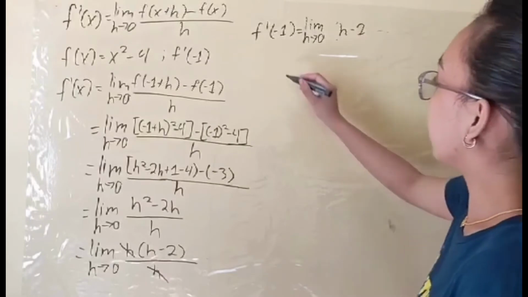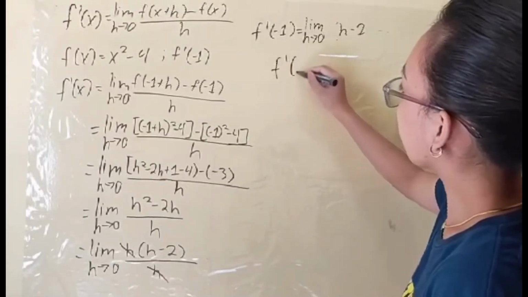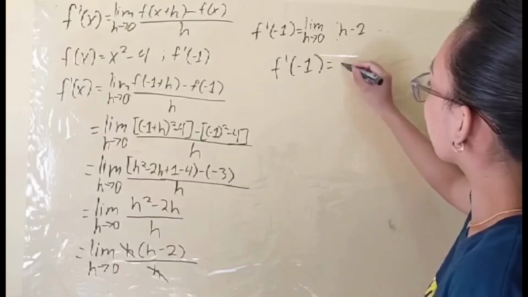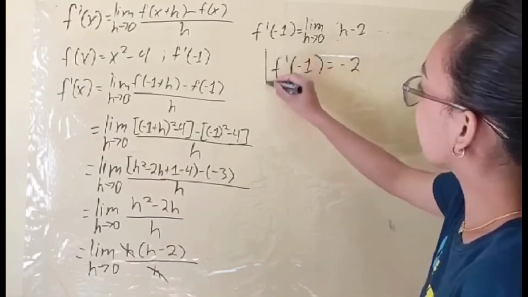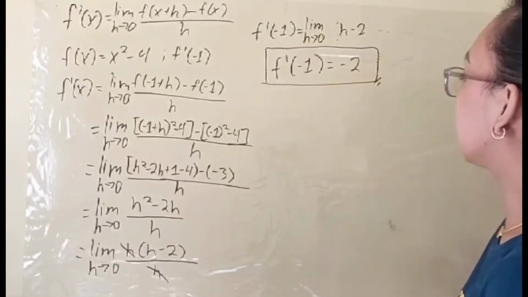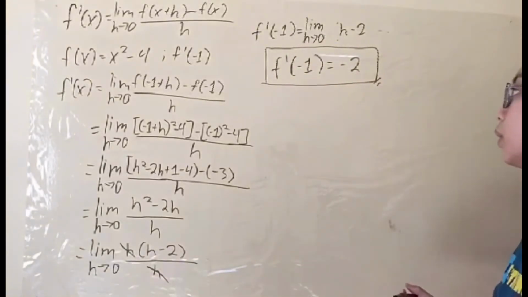Let's simplify. And the answer is f prime of negative 1 is equal to negative 2.